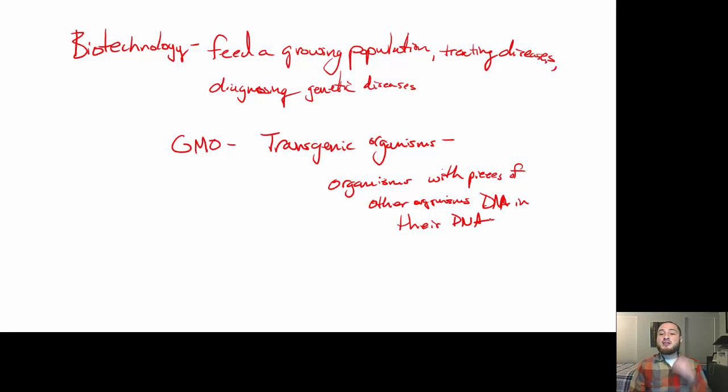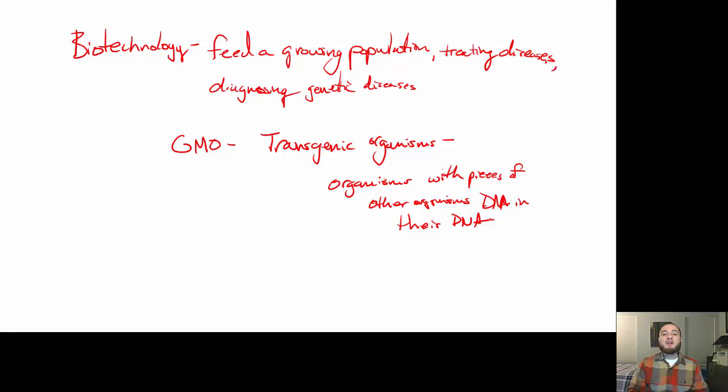So what we do is we find a gene, a segment of DNA that we like in an organism, and we say, you know what, we want to take that from that organism and put it in this organism. If an organism makes a special protein and that protein helps it in some way, we want to insert it into that other organism to help it that way.